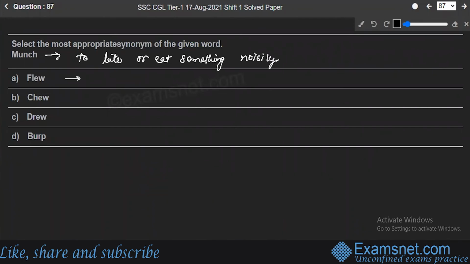Let's see the meaning of the word flew. It means to move in the air. Chew means to bite something. Drew means when you're drawing something.